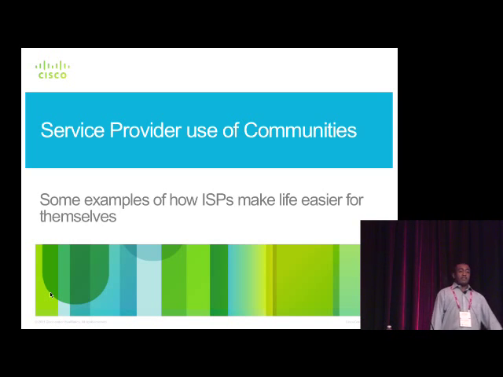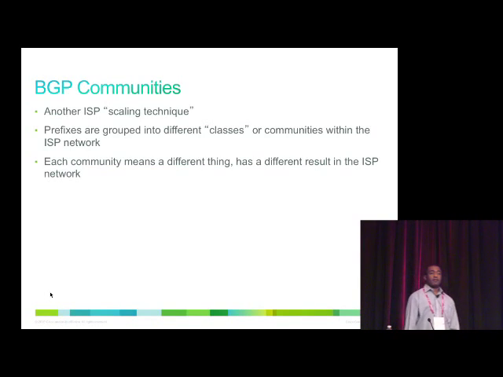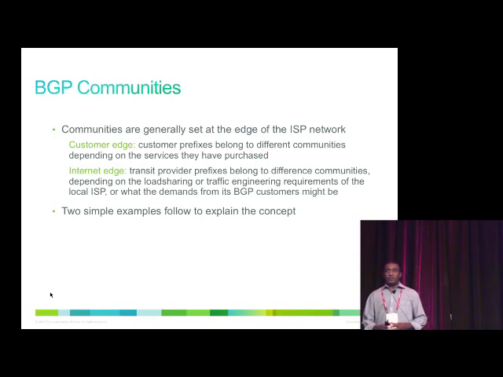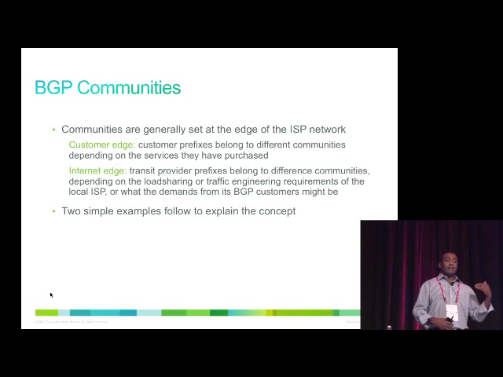Okay. So, service providers' use of communities: how service providers use communities to make life easier. We have already seen that, but here are some additional techniques. Usually communities are used at the edge, either at the customer edge or at the border edge or internet edge.